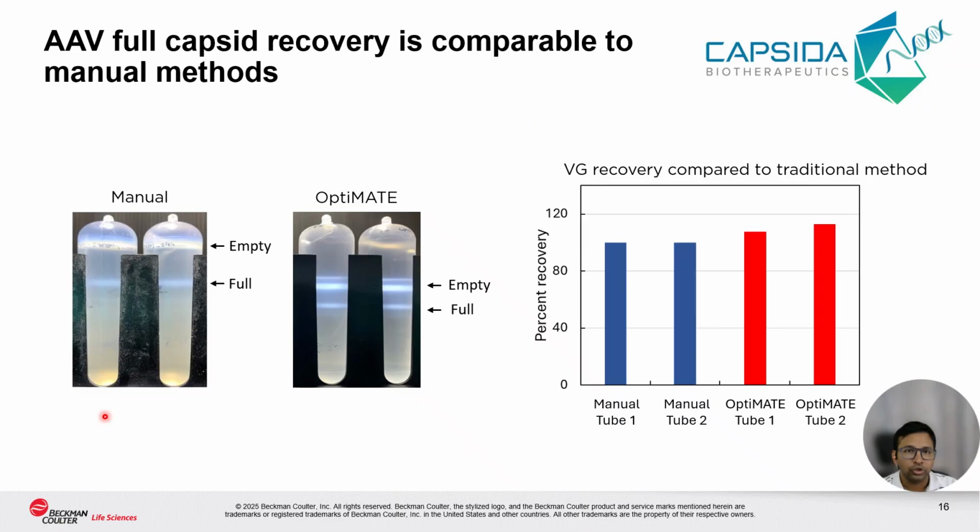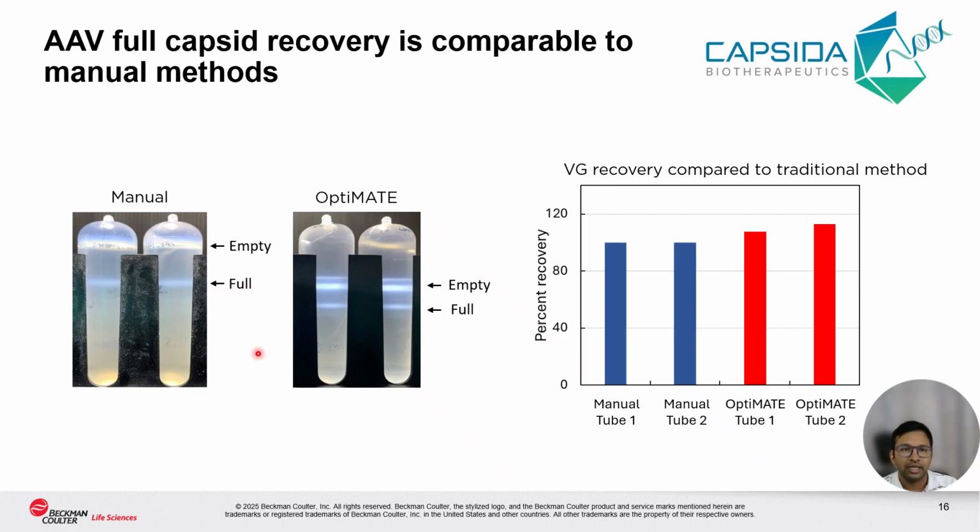So to bolster these findings, I also have data from a beta testing by a customer, in this case Capsida Biotherapeutics, where they compared their current manual method to a method ported to OptiMATE with a significantly shorter ultracentrifugation time. The Capsida team is able to include a lot more AAV, so we have some better band images here.